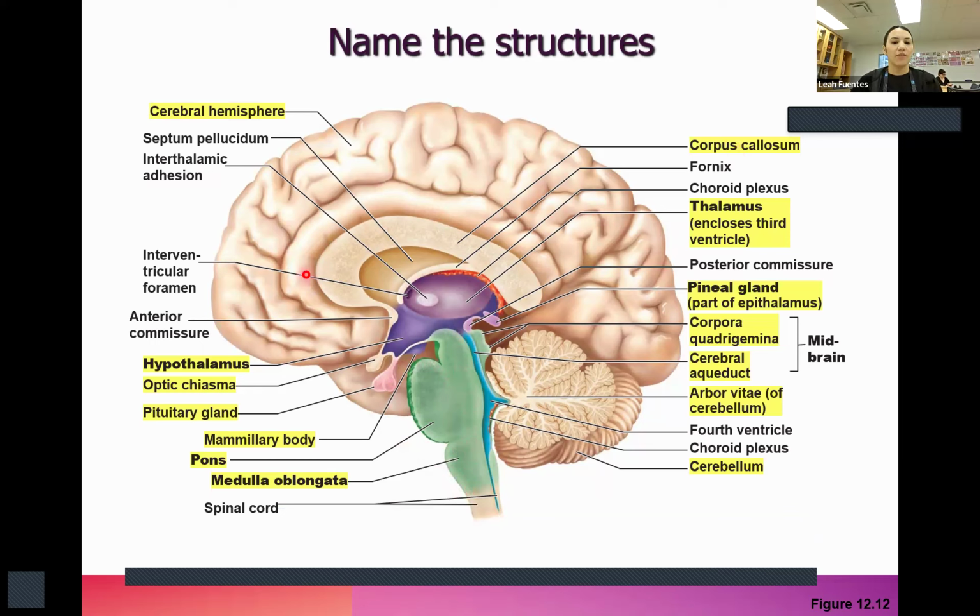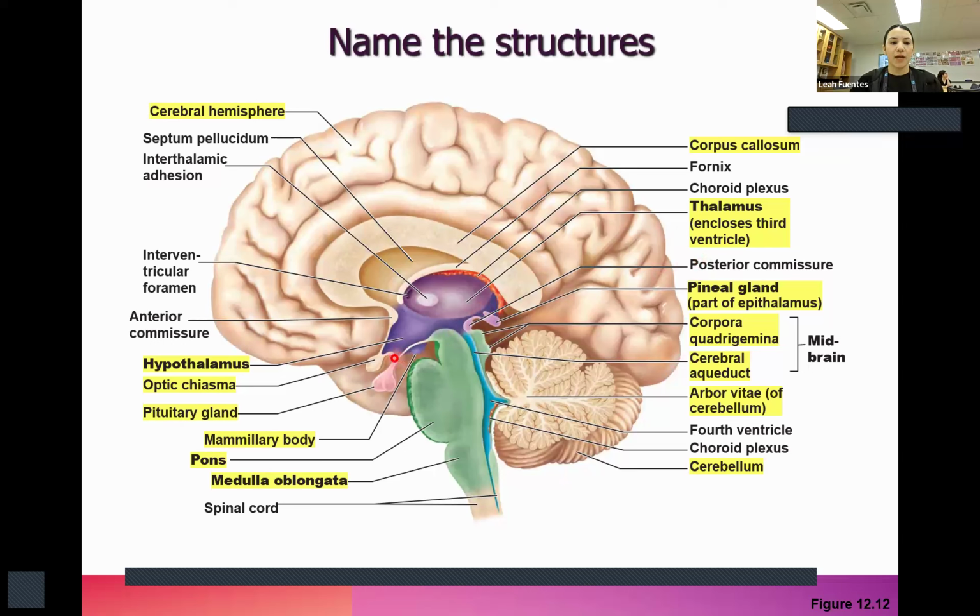Going to the top, we have this big structure up here that forms two C's. That's our corpus callosum. Deep in here, we have our choroid plexus. And then we also have our thalamus down here that encloses our third ventricle, which we will talk about.